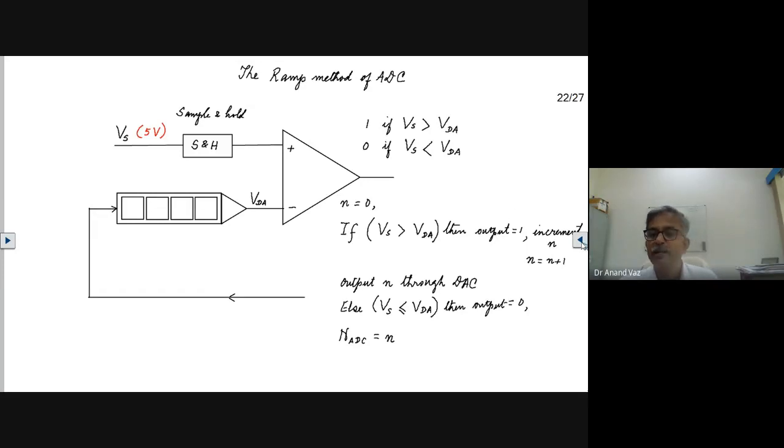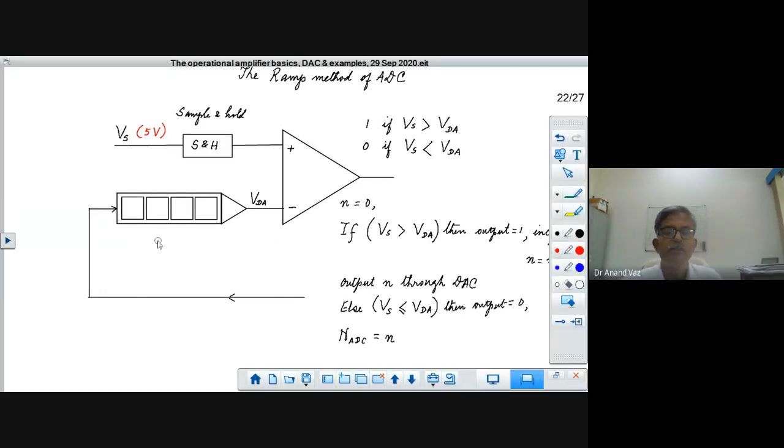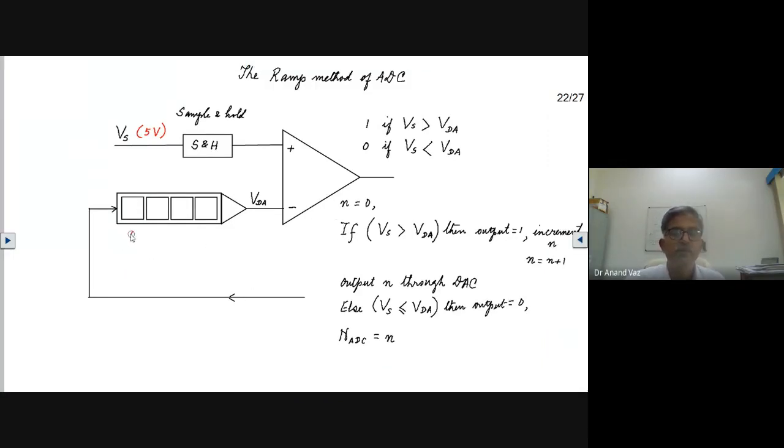So here you will start with zeros. Initially you started with zeros, so in the first step, everything was 0. The second step, you sent a 0, 0, 0, 1. Then you sent a 0, 0, 1, 0.